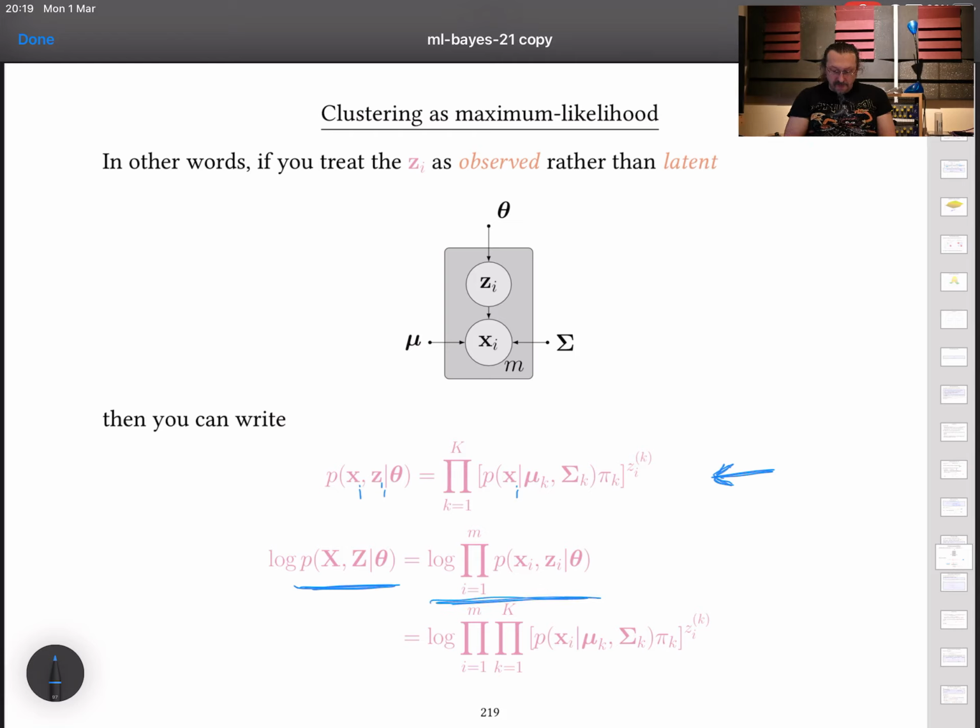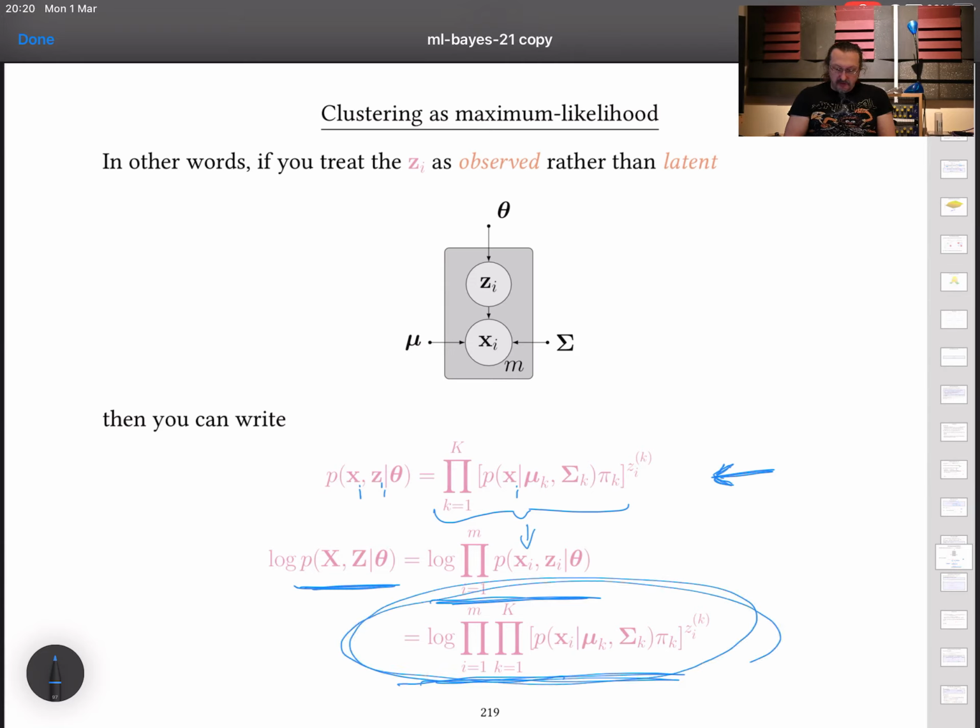And written out in full, that gives me the final expression. That's just this guy plugged in here. So I've got now an expression for essentially a likelihood that would be useful if we could observe what the z's are.